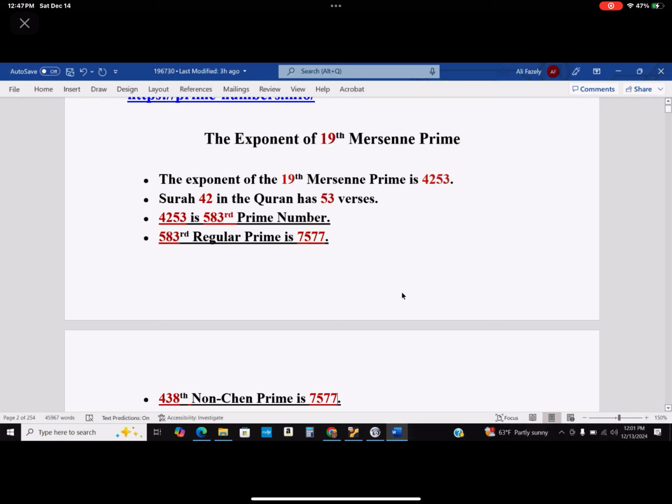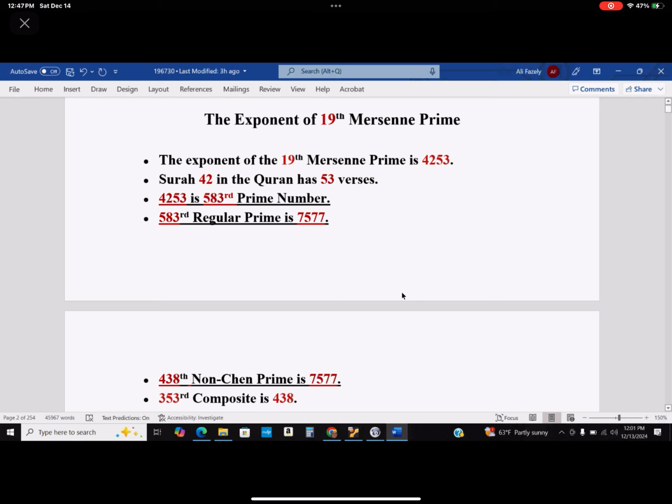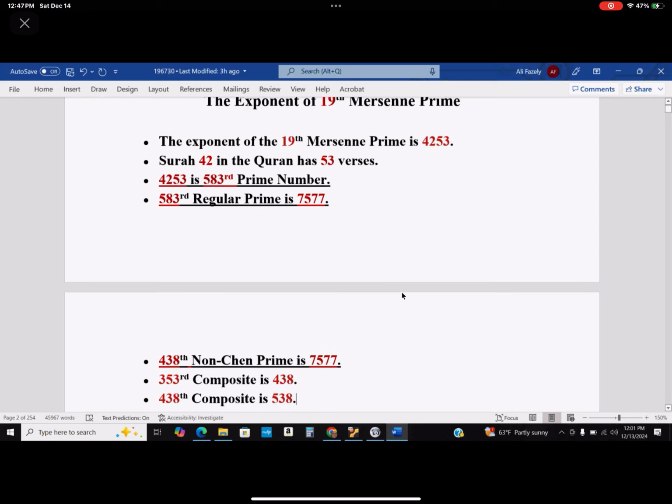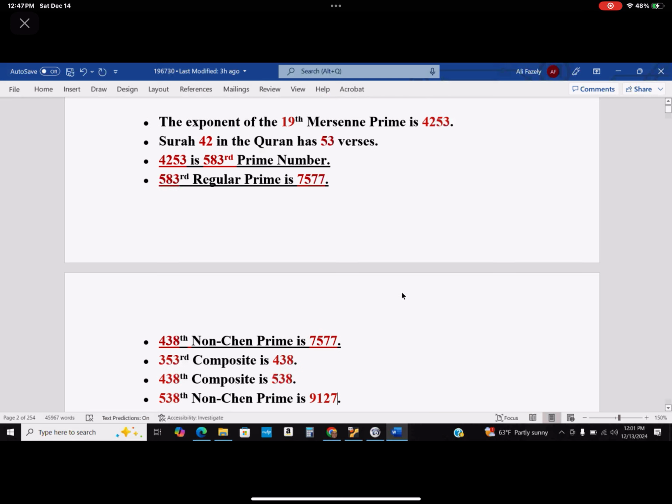So all these underlines are new information that we have today. 353rd composite is 438. 438th composite is 538, and the 538th non-Chen prime is 9127. So immediately, this fact brought us back to chapter 9 having 127 verses.